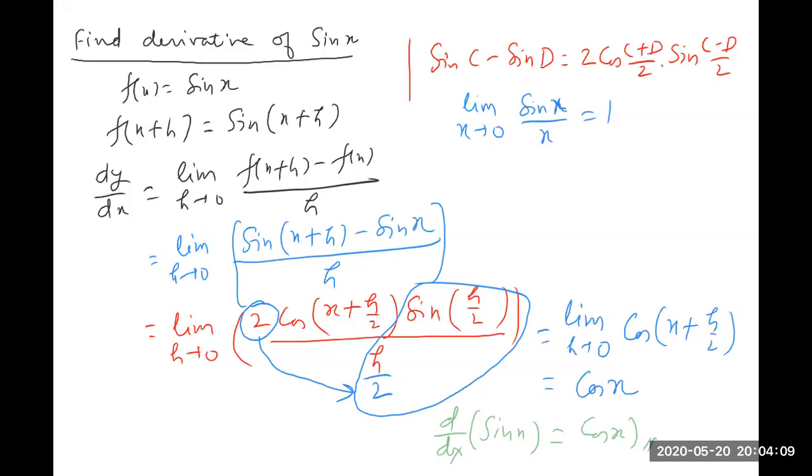Okay, so next. Suppose I ask you, this will be a slightly difficult problem. Find the derivative. Okay, first we will solve simple problems: the derivative of log x by first principles.